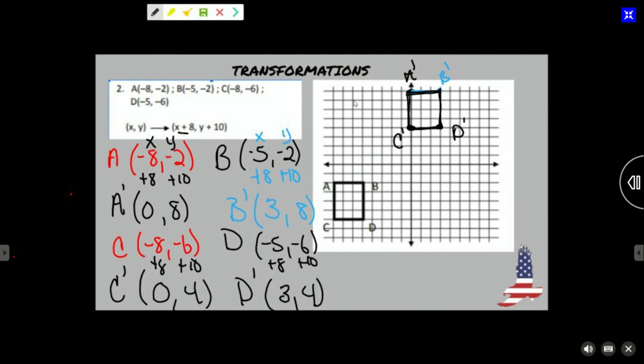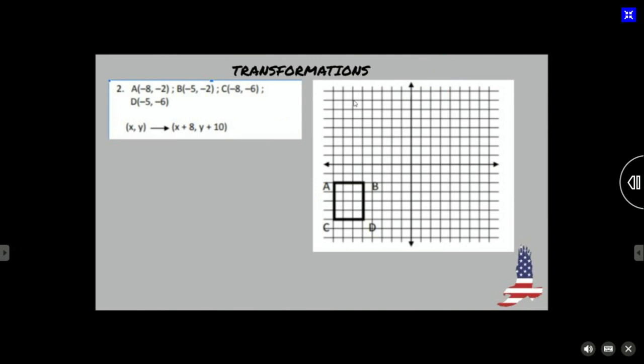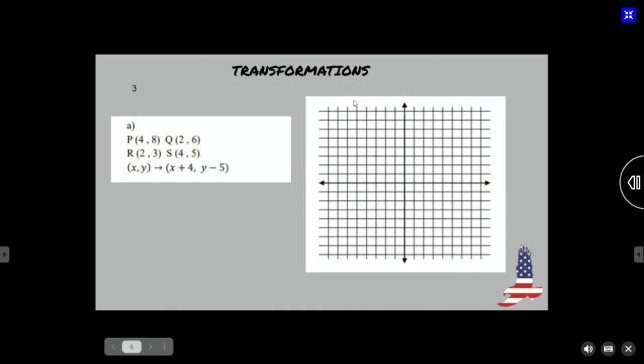All right, let's look at 3A. We're going to have to plot the points on this, so draw your pre-image first. Plot your points, draw your pre-image, and then apply your rule.